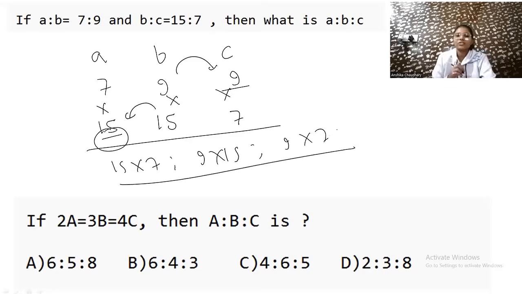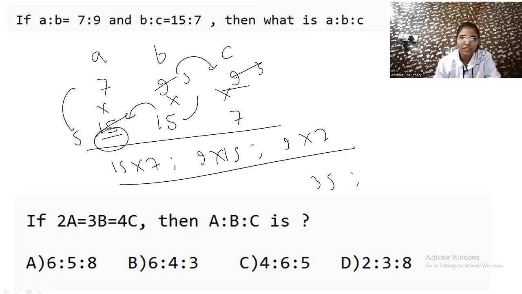But again there is a short trick. You can divide these by 3. 3 fives are 15, 3 threes are 9, 3 threes are 9. So the calculation will be super easy: 7 fives are 35, ratio 15 threes are 45, ratio 7 threes are 21.